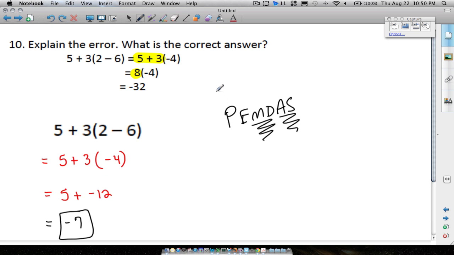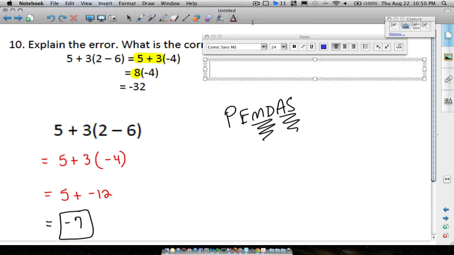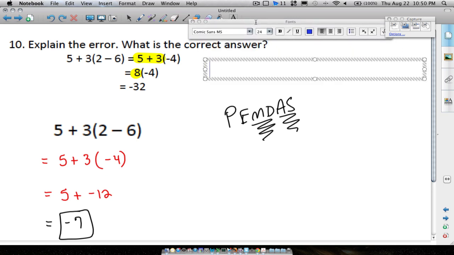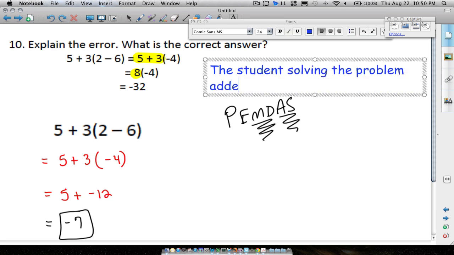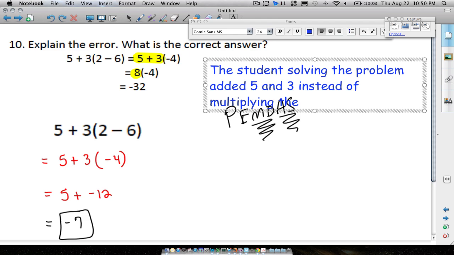All right. So explain the error. I explained it verbally. I didn't write it down, but let's just say the student solving the problem added 5 and 3 instead of multiplying the 3 by negative 4.